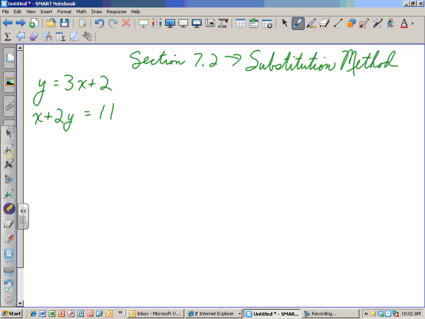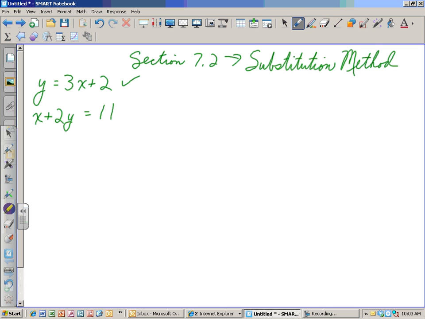Isn't x and y the same in both these equations at the one point where they intersect? So if y is equal to 3x plus 2 in that equation, then y is going to equal 3x plus 2 in the second equation.